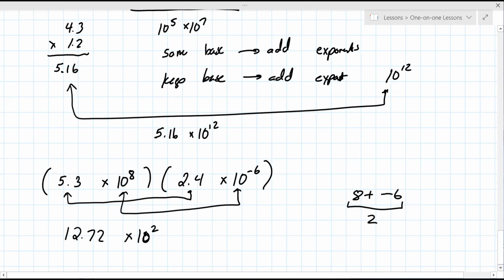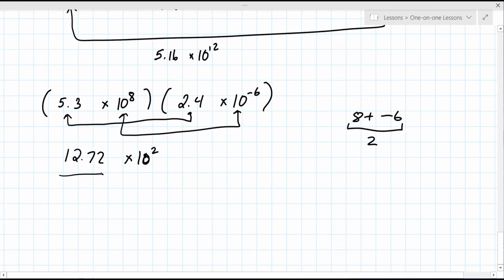Do you see any problem with this number in front? Yes. What is the problem? It's above 10, exactly. So what I suggest is you take this number and convert it to scientific notation. Don't worry about this one right here.